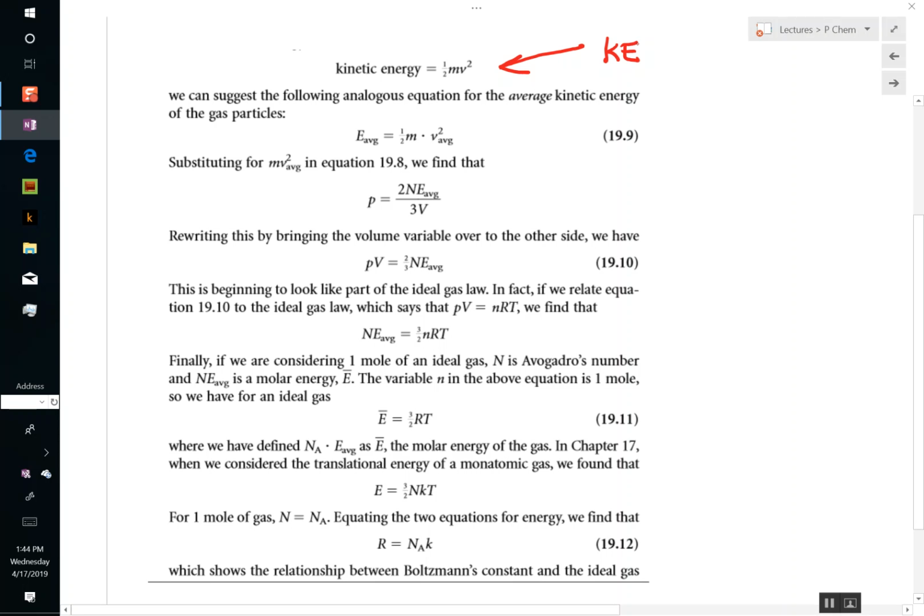All right, and if we substitute from there into our previous equation, we get an equation like that. Now, here's where we're starting to look real similar to our ideal gas law. We've got an expression for the pressure times the volume. So take the pressure, multiply both sides by volume, and get this: 2/3 the number of particles times the average kinetic energy.